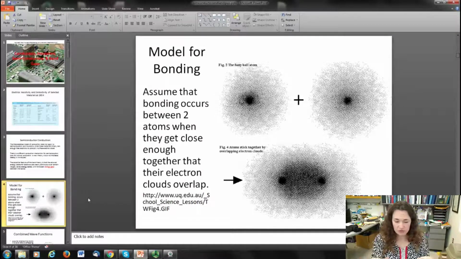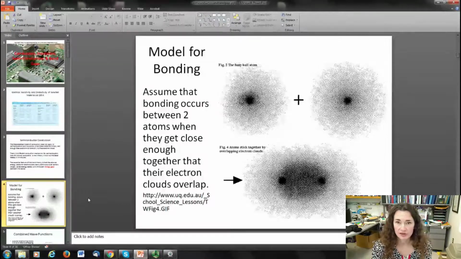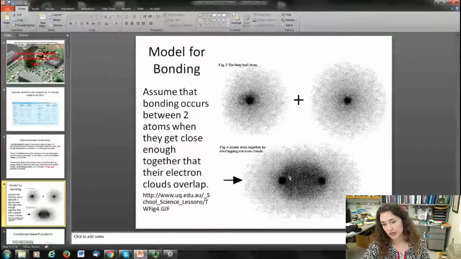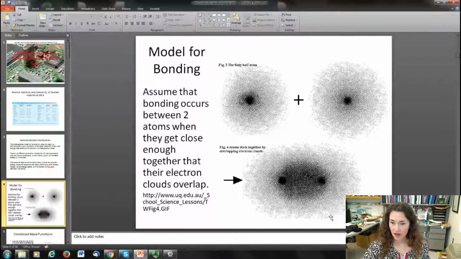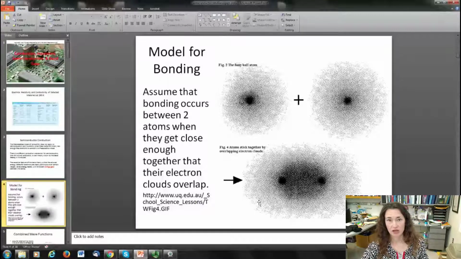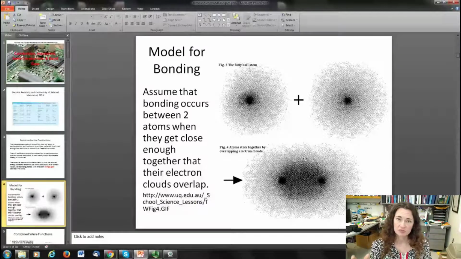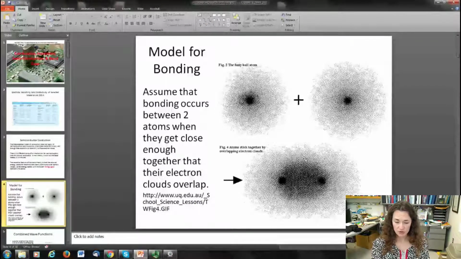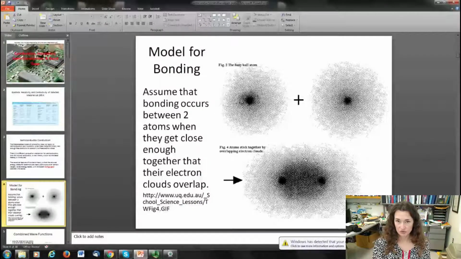But as you push them together, the electron clouds begin to overlap, and then you have a region in between the two atoms where you have a dense electron cloud, and a lighter electron cloud all around it. So these atoms are bonded together because they're sharing the orbitals of the electrons in between the two atoms, all right?